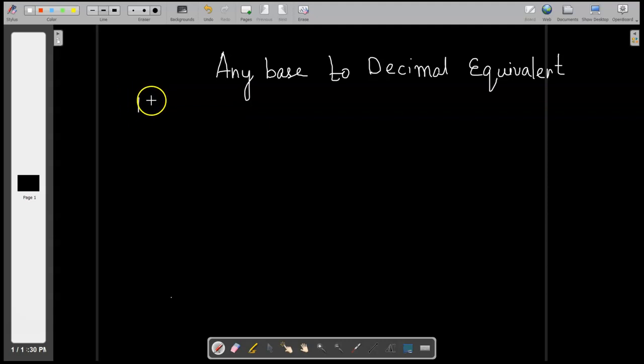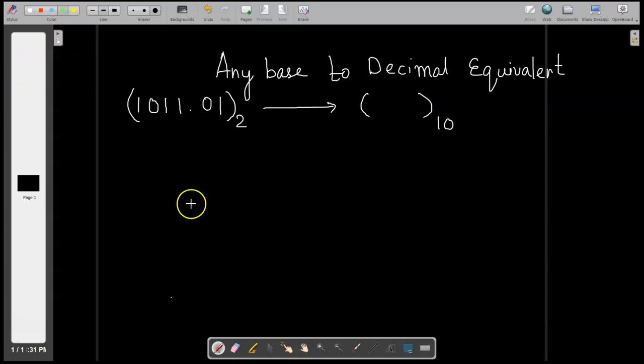So suppose we have a number like 1011.01. This is a binary number which has a base 2 and we have to convert it to a decimal number or its decimal equivalent, which is a base 10. So how are we going to do it?